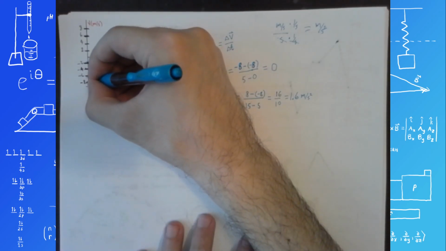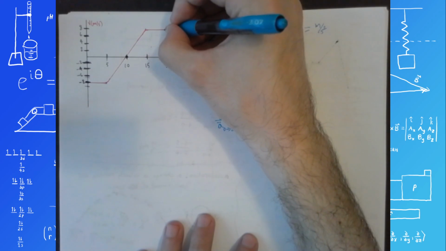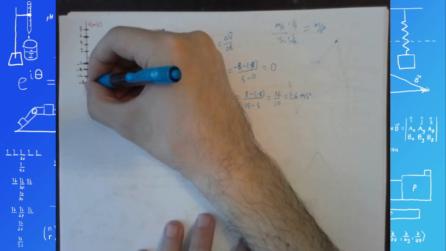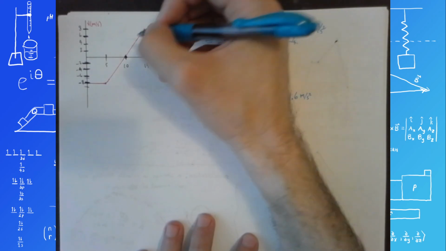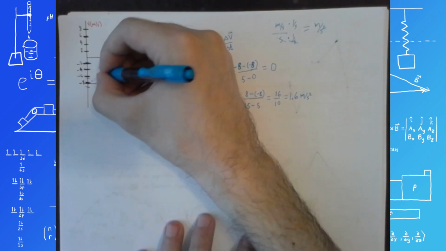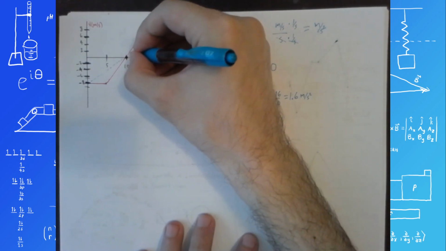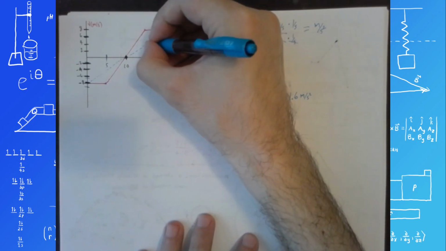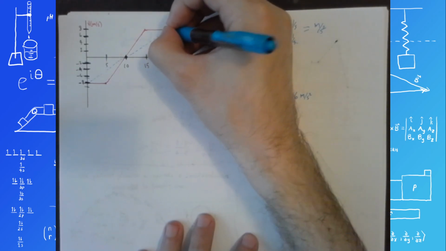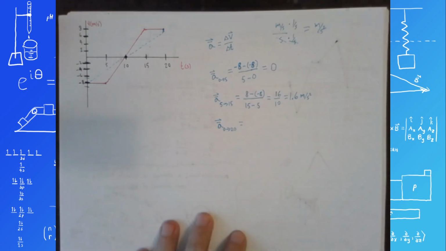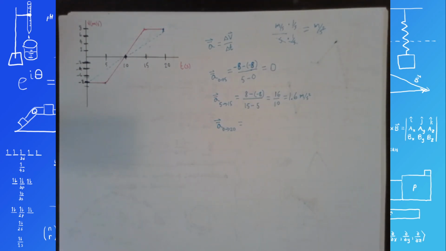So from 0 to 20, like that, if I draw a dotted line between those 2 points, I'm going to try my best without a ruler. I think I got it. Yeah, the slope of that blue dotted line, give or take, what would that be?